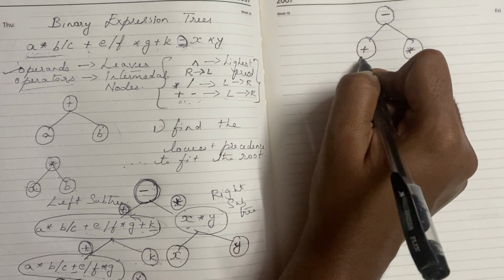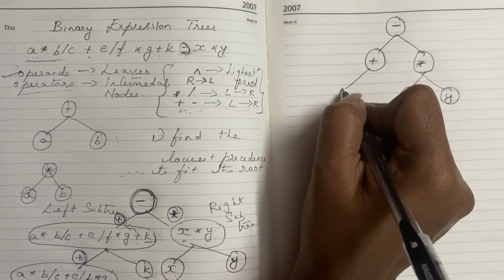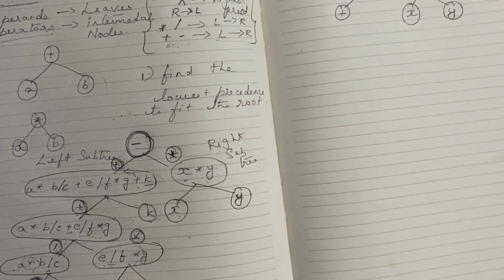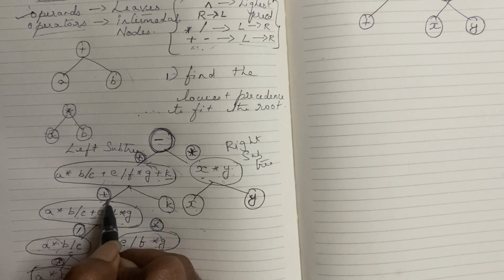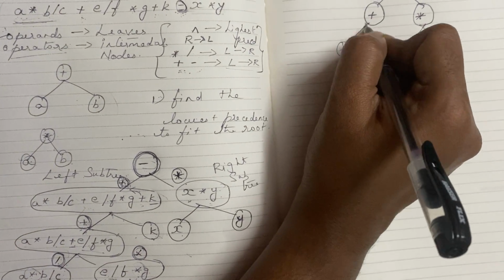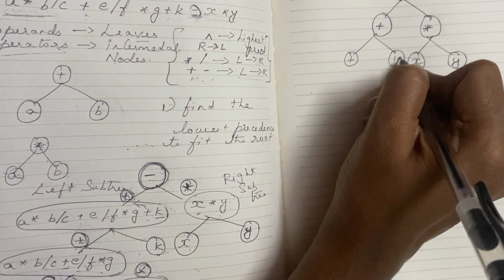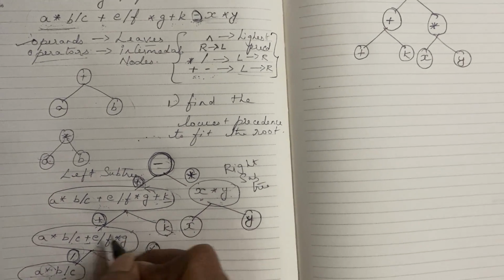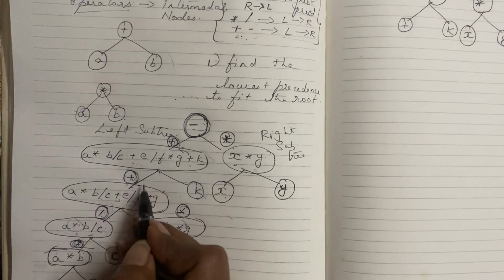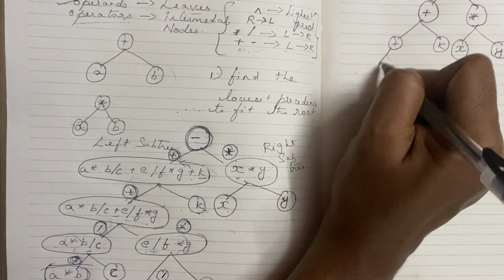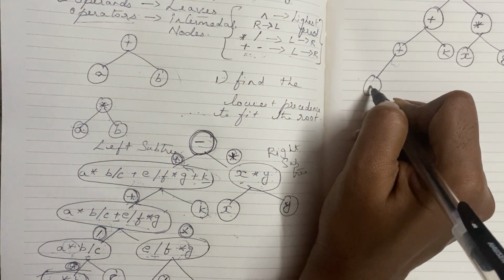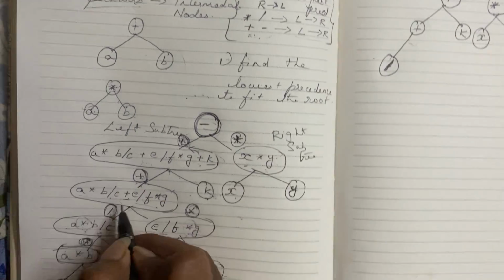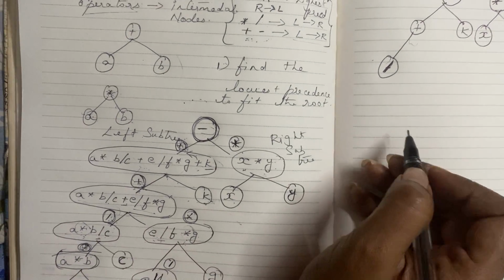Here after plus you have again a plus, and the right is k. From here we are extending, so this node again will become a division.